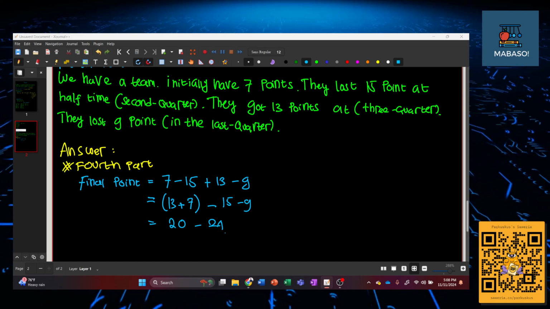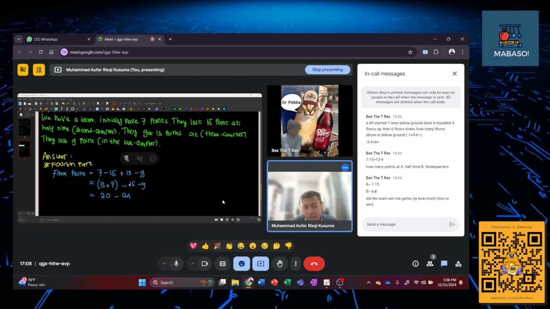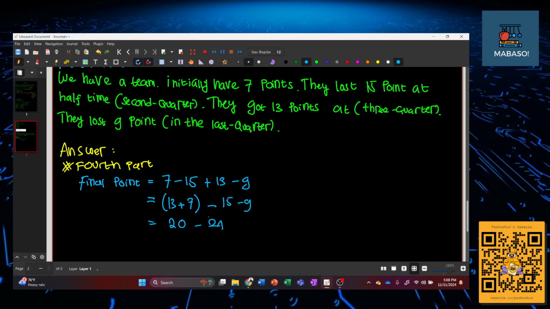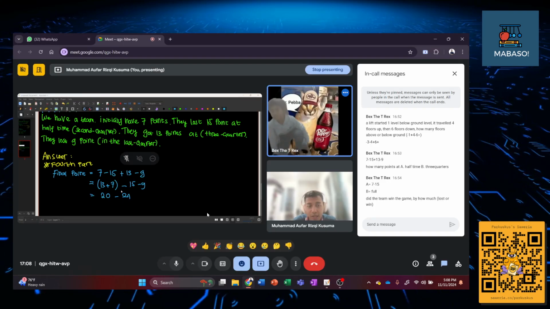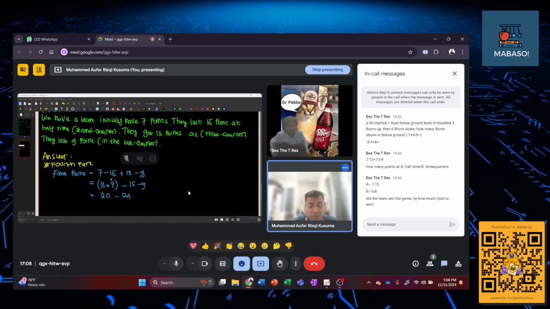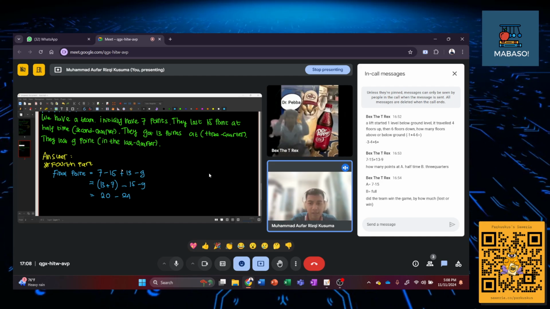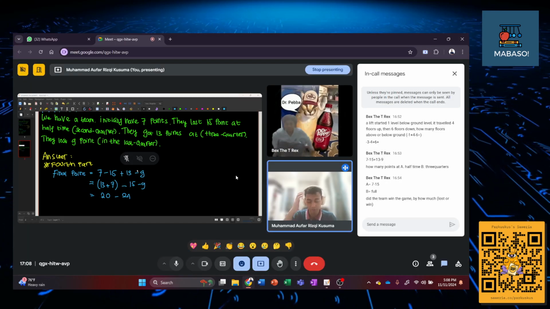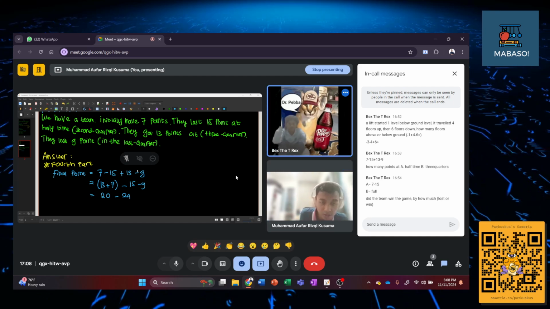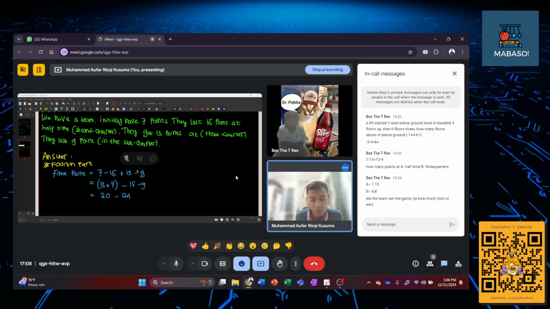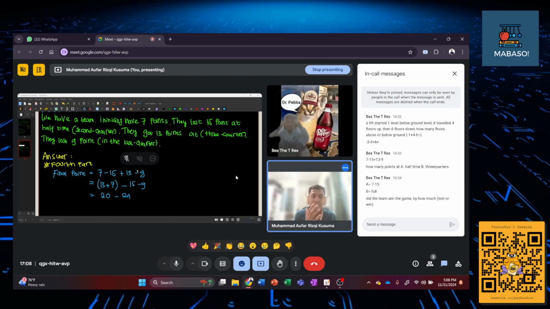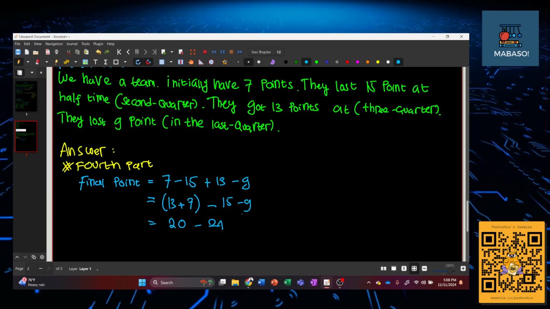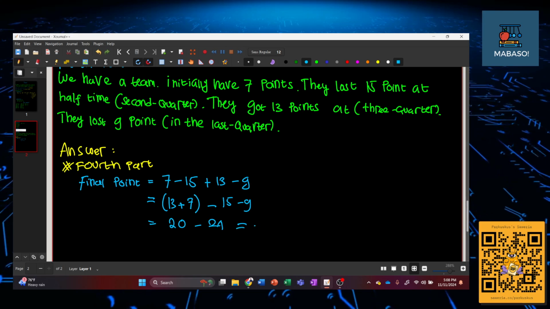Based on this equation only, you can determine whether the team will win or not, because the negative term is much larger than the positive term, so the negative wins. The final result will be -4.